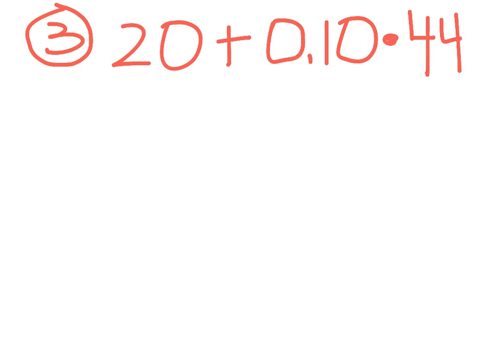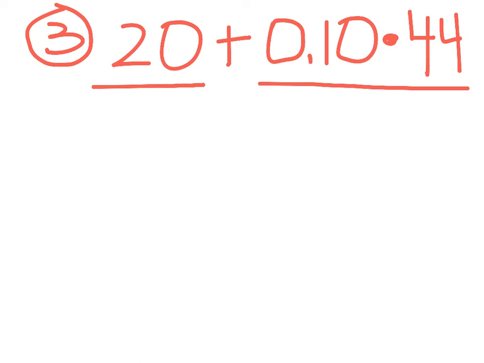All right, and example 3 says a cell phone company charges $20 per month and 10 cents for each call made or received. Write and then evaluate an expression to find the cost for 44 calls during 1 month. So I wrote out what that looks like. $20 for the month up front, so you have your 20, and then you're going to add 10 cents for every call, so it becomes 10 cents times 44, since there's 44 calls.